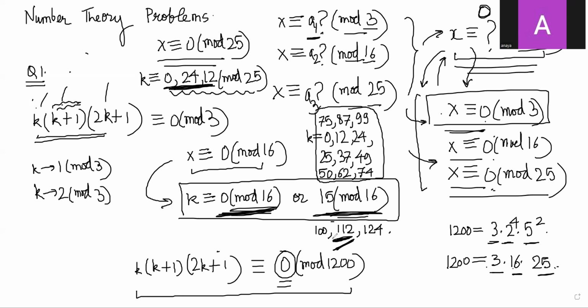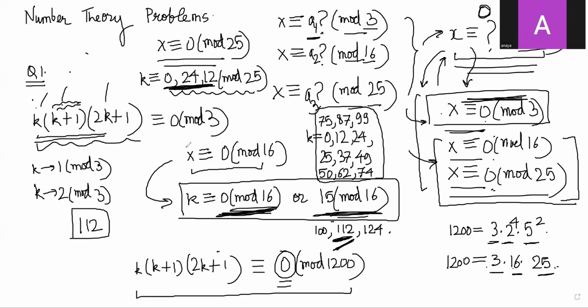So that means 112 is the smallest number that satisfies both the lower congruences. And we don't need to worry about mod 3, because in any case, if k is any mod 3, the whole thing is 0 mod 3. So 112 is the solution of these two congruences, and that will make sure that overall the product is going to be 0 mod 1200.